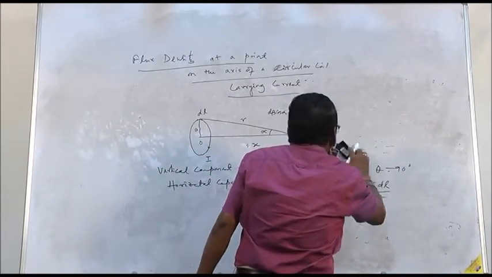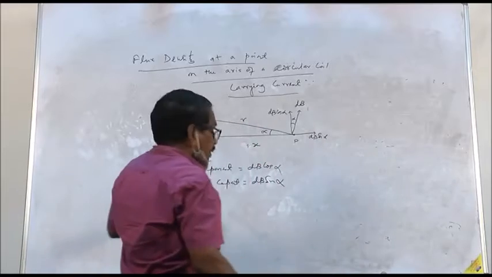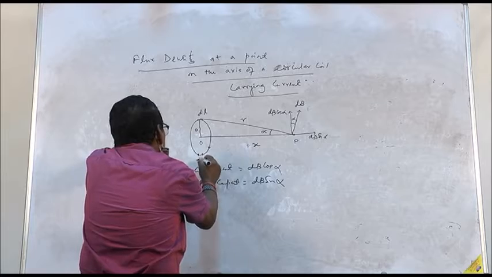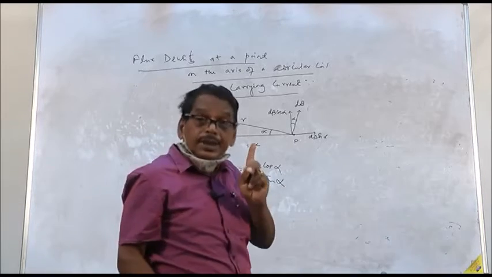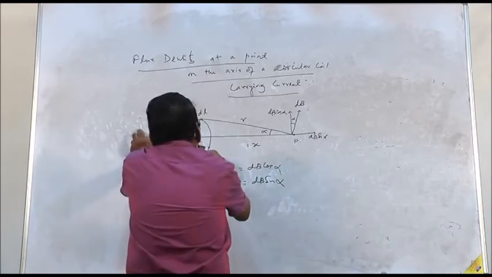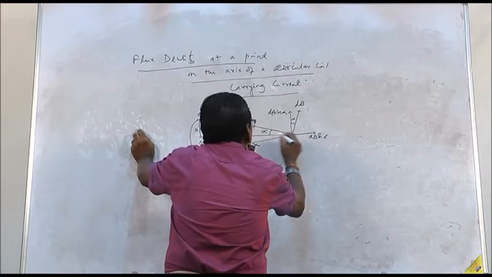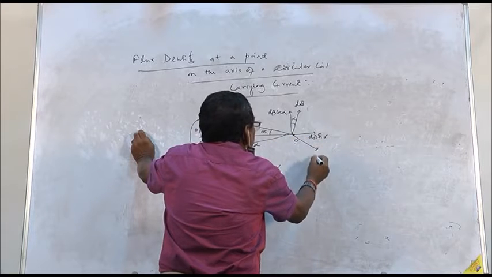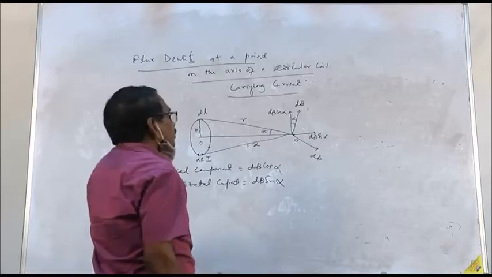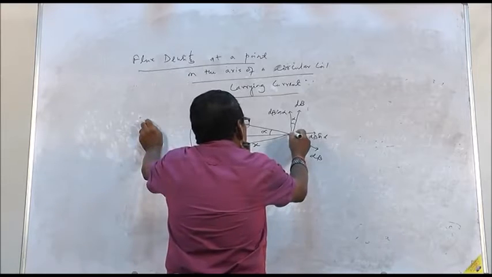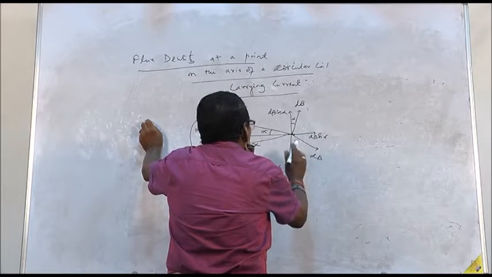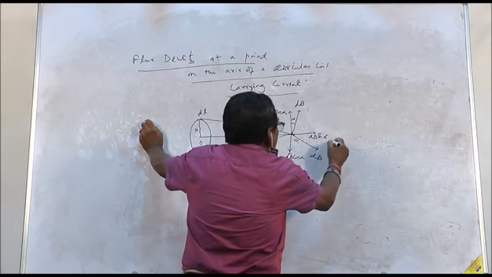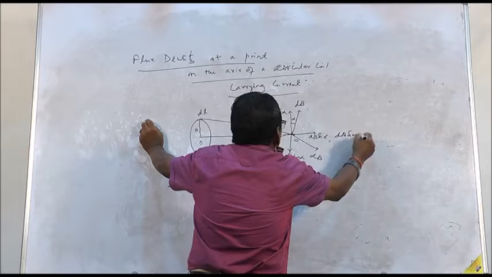Now, as dl is here in the upper part, similarly dl will be there in the lower part. Every element will have a diametrically opposite element. So, also find out the flux density due to that element. This is also dB, and the direction of this dB is like this. You can resolve this dB into two components, in this direction dB cos alpha, in this direction dB sin alpha.